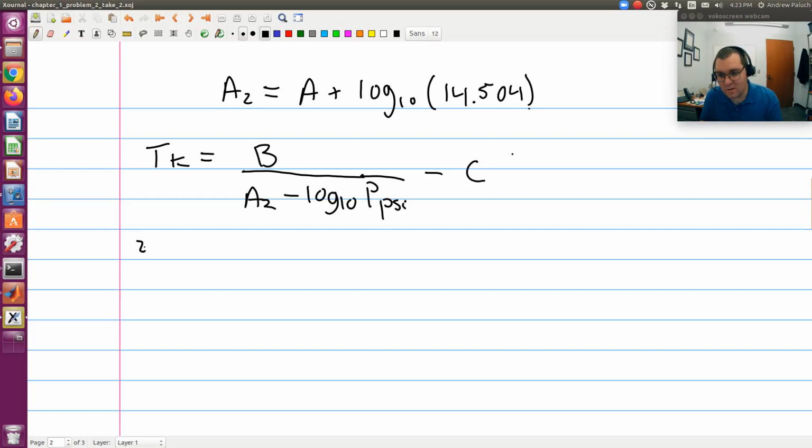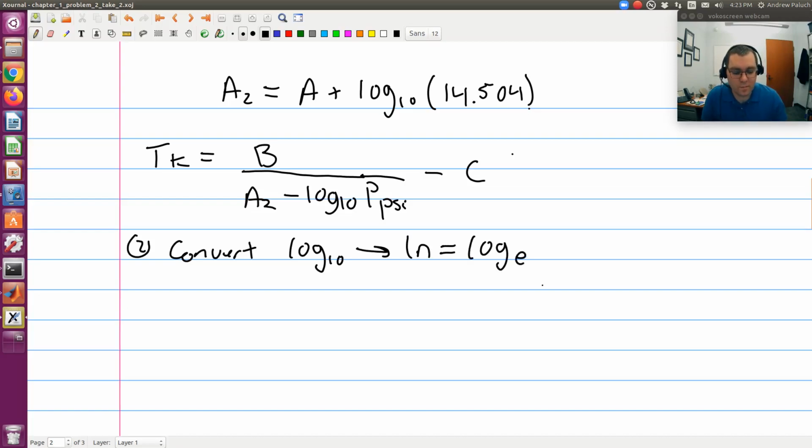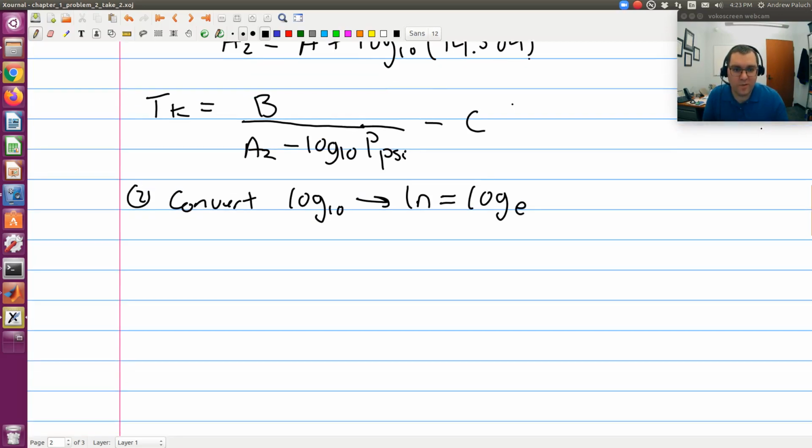So now step 2, let's continue with the pressure term. Let's convert log 10 to natural log. Natural log is nothing more than log base e. For this one, we've got to dig deep. We have to remember our change of base rules.